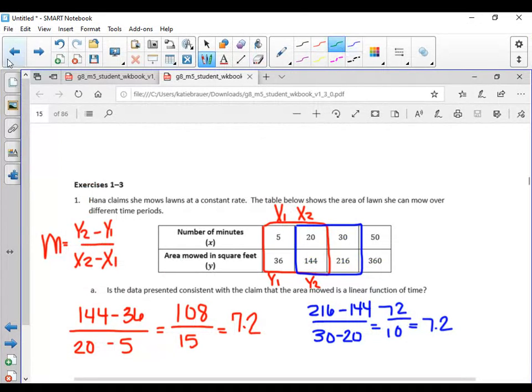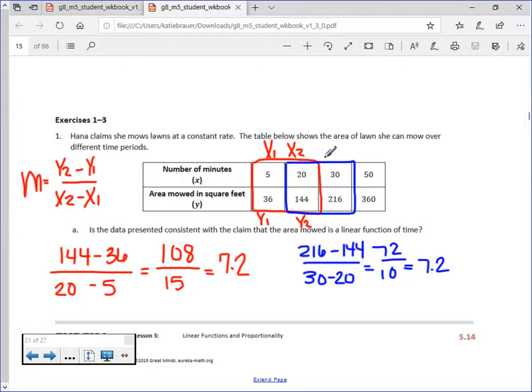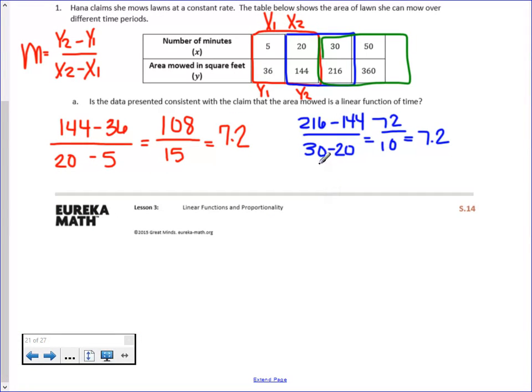And the last one we're going to do are those last two numbers. It's in green right here. 360 minus 216. And then 50 minus 30 on the bottom.